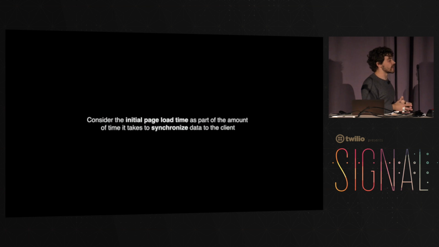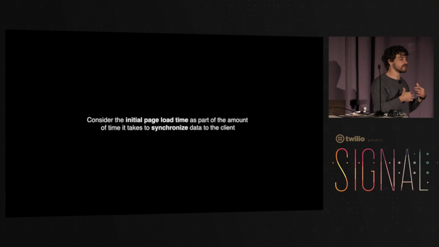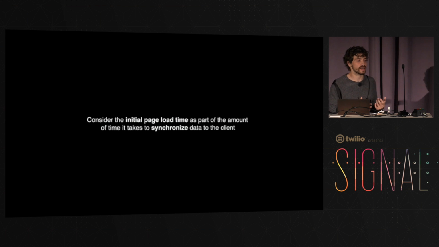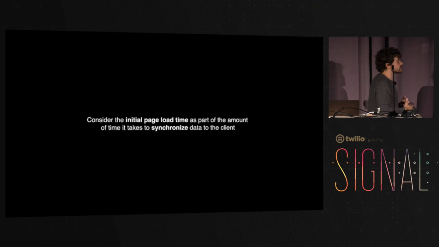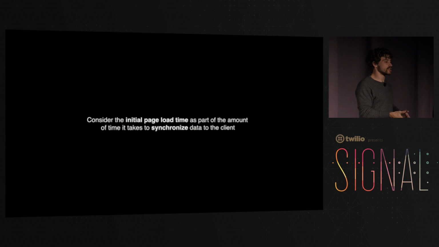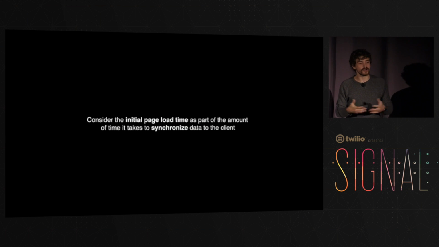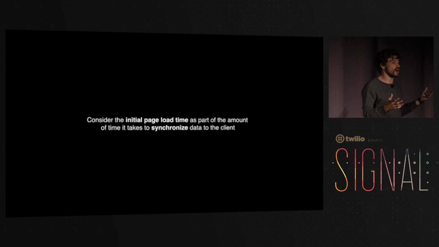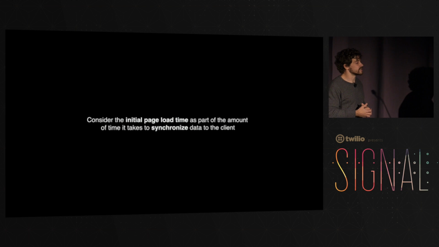It's useful to consider that initial page load download as part of the total time that you're considering when you measure your latency. A problem that I see usually is that when you're measuring latency, you consider it in isolation. So you think about, for example, in the case of an API, how long is it taking me to get the Apple stock information? Oh, it takes me 200 milliseconds.